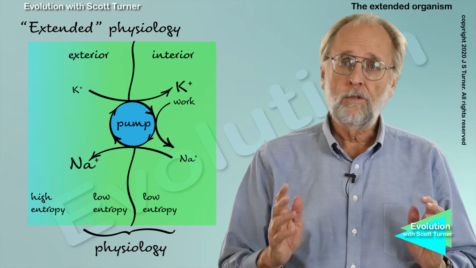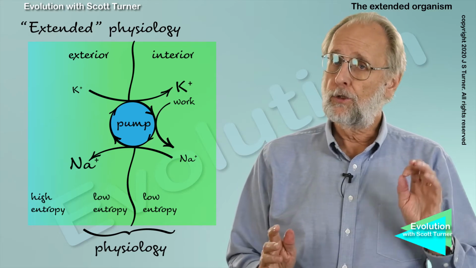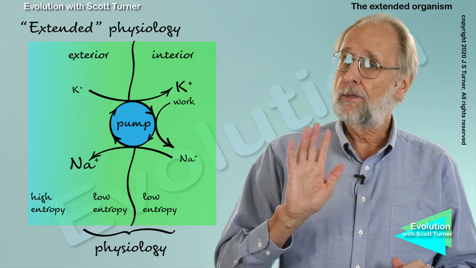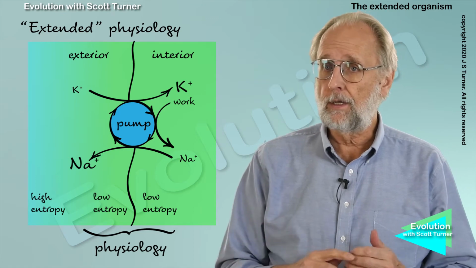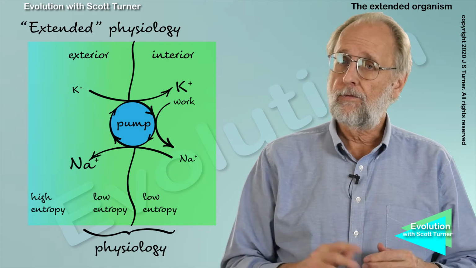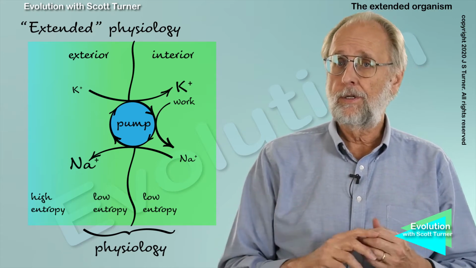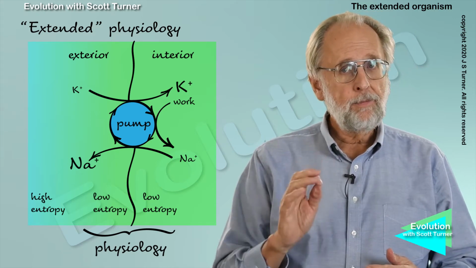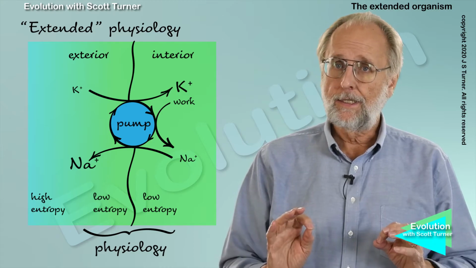Thus, the pool of low entropy does not just include the interior of the cell, it is imposed external to the cell as well. The physiological function of the adaptive boundary, therefore, is extended beyond the interior of the cell. Keep that word in mind, extended.